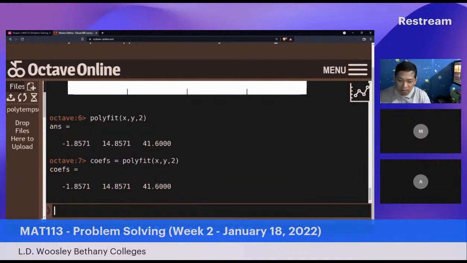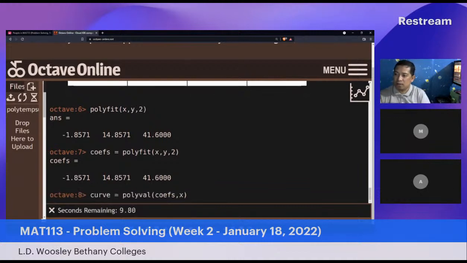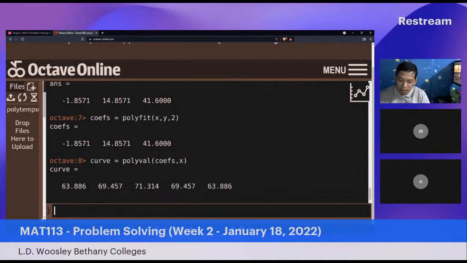Okay, so parang ganun din siya, no? We just equate it into a particular coef, and then we will continue. And then curve, which is actually the evaluation of the polynomial or polyval, would be equal to coefs in terms of x. So yan yung magiging values natin.